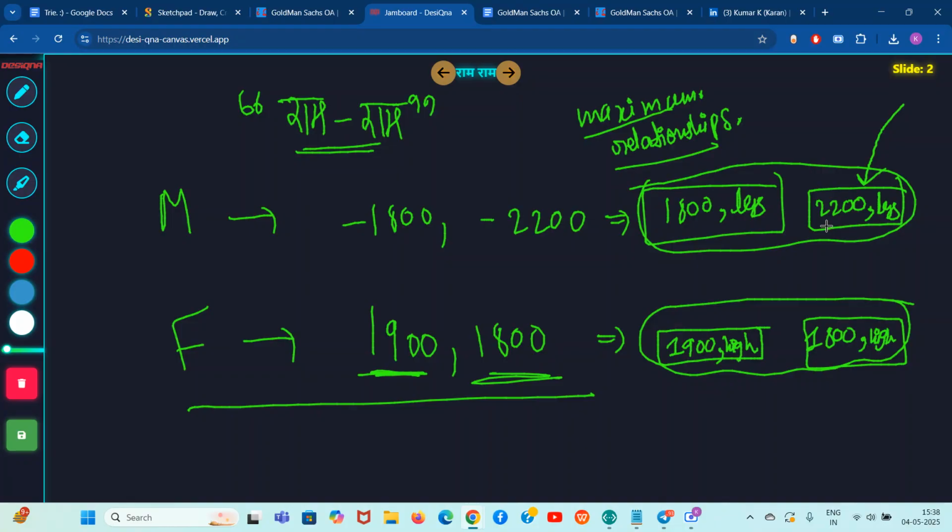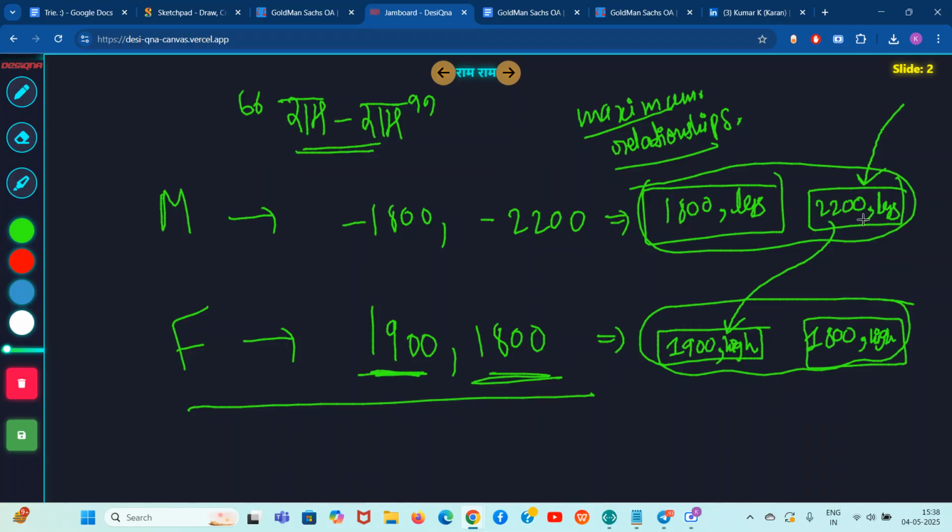The largest guy is 2200, minus. This guy wants a girl whose height is less than 2200. Is there any girl whose height is less than 2200? Yes. There are two options. This 2200 guy can bond with this girl, and this 2200 guy can bond with this girl also.